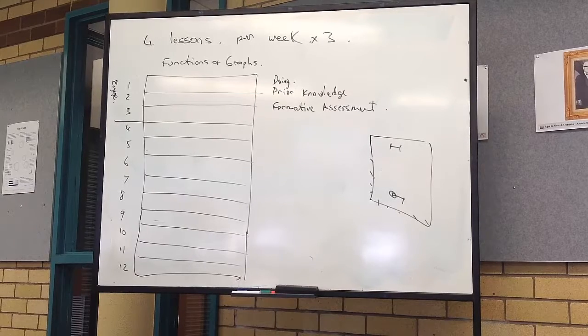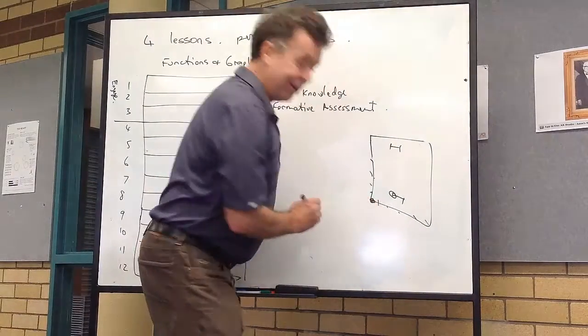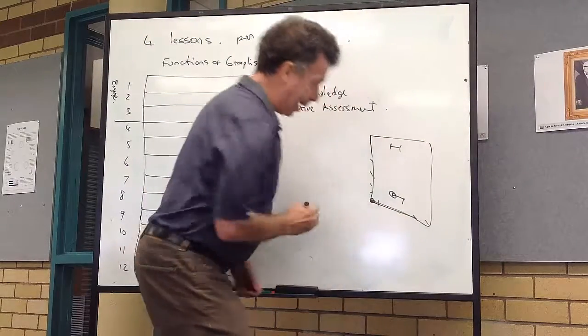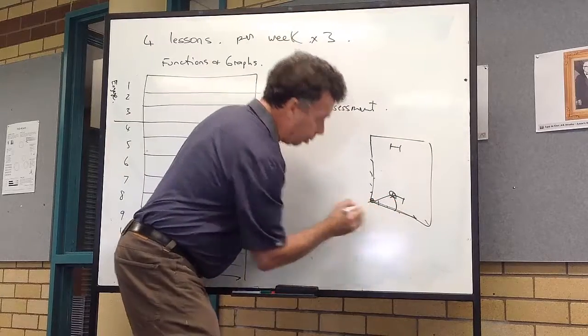What are the other coordinate systems we've got apart from the Cartesian coordinates? Remember the polar coordinates? You have an origin, and there's the two, and you go up to there, and you form an angle.